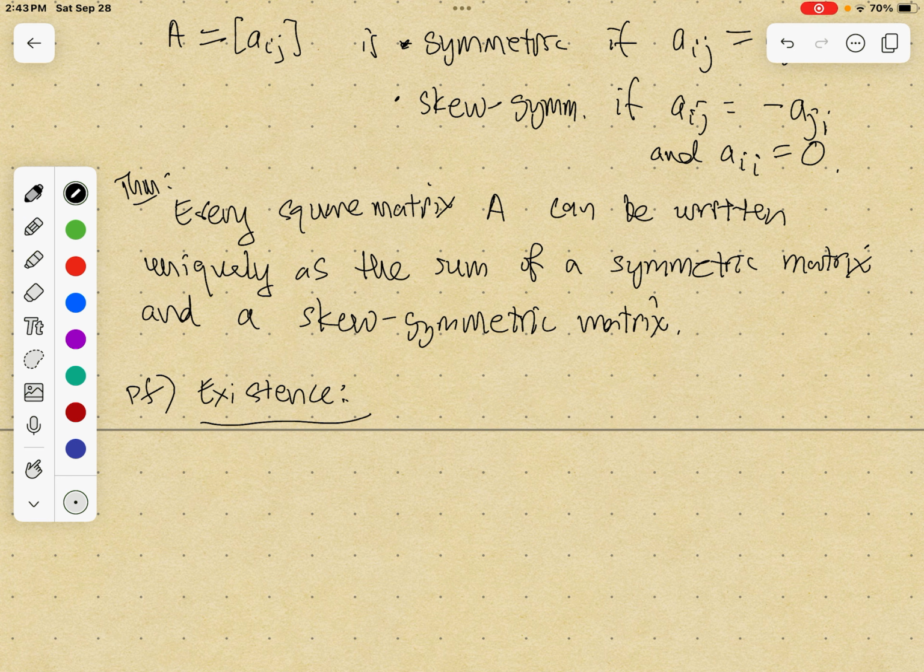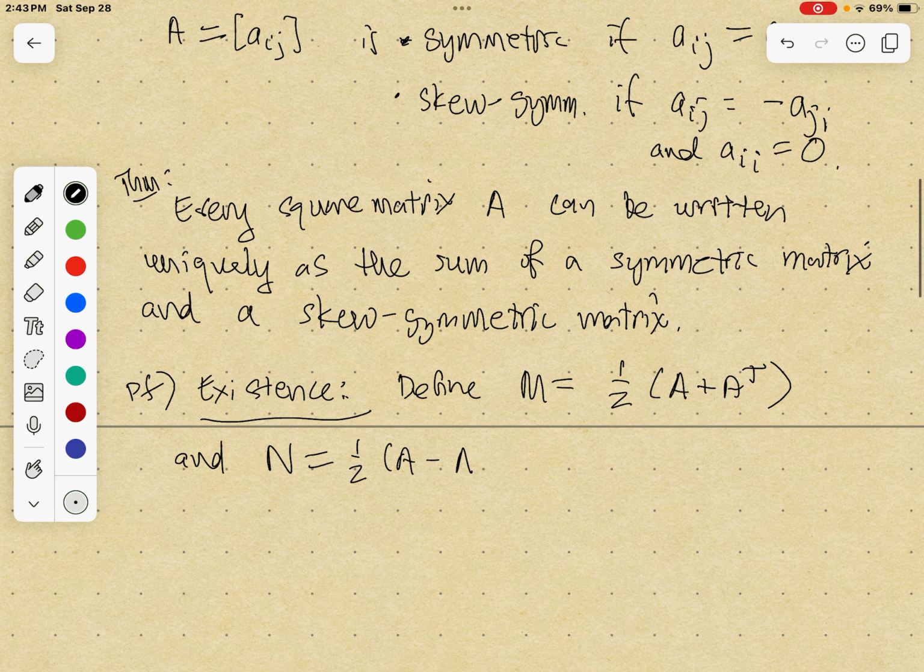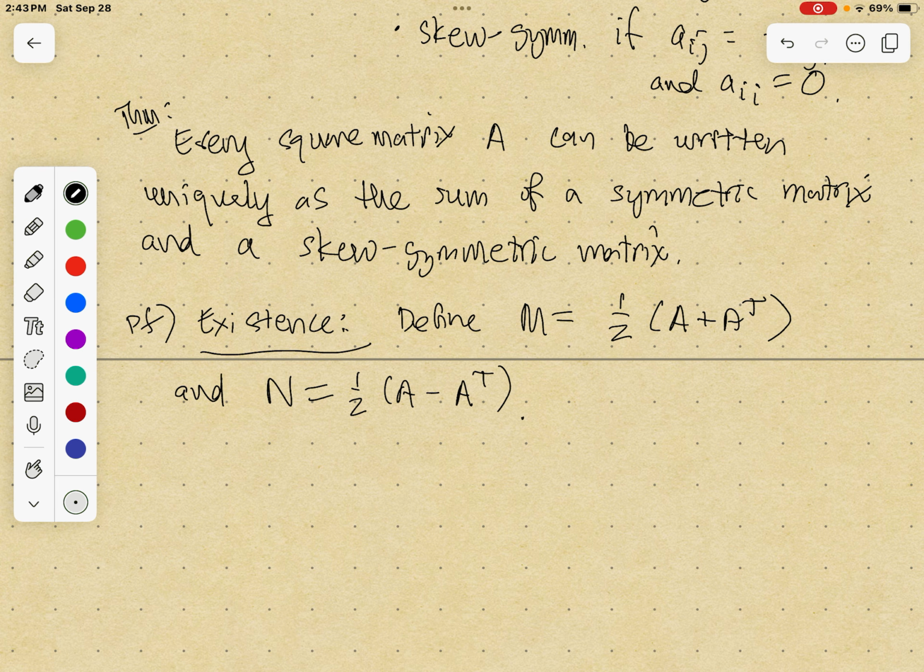So we can actually say what the matrices are. We define M to be 1/2 of A plus A transpose, and N to be 1/2 of A minus A transpose. Now I claim that M is symmetric.